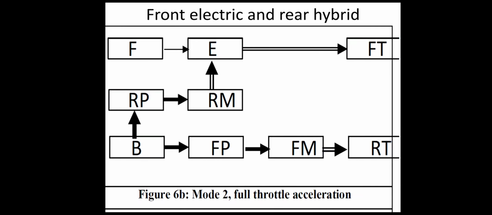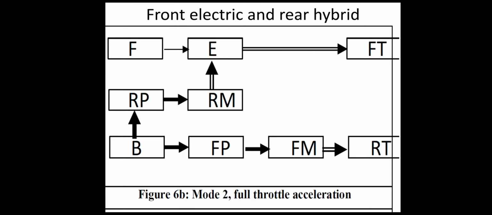In the second mode, during full throttle acceleration, both the IC engine and the rear wheel electric motor deliver power to the rear wheel, and the second electric motor delivers the power to the front wheel. All modes are the same as we have previously discussed.